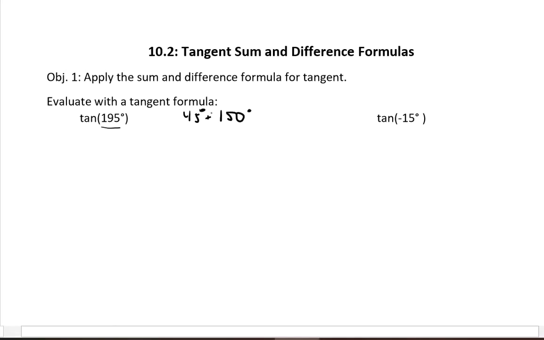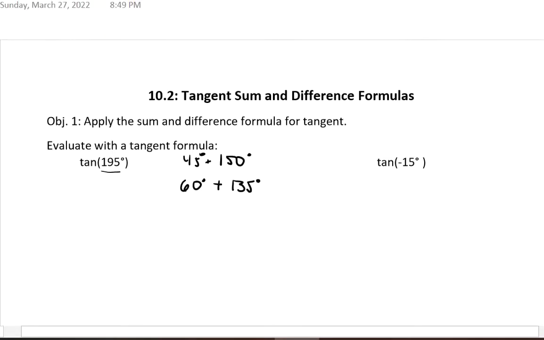I personally like to use 60 in any of my tangents. Now, the reason I like to use 60, well, 45 is always a great one to use too, but tangent of 30 degrees, and I'm going to write these on the top so that I can reference them, is root 3 over 3. Tangent of 45 degrees is 1, and tangent of 60 is root 3.